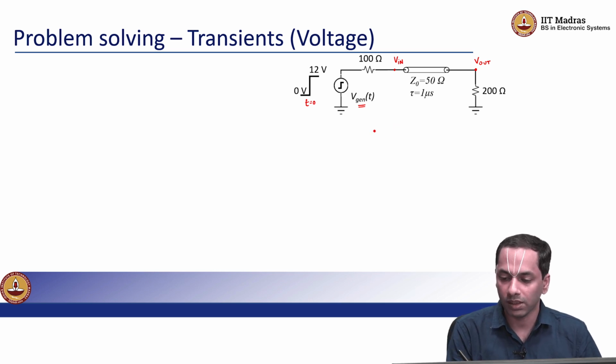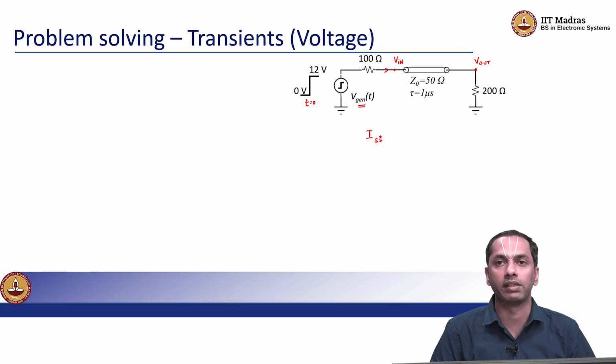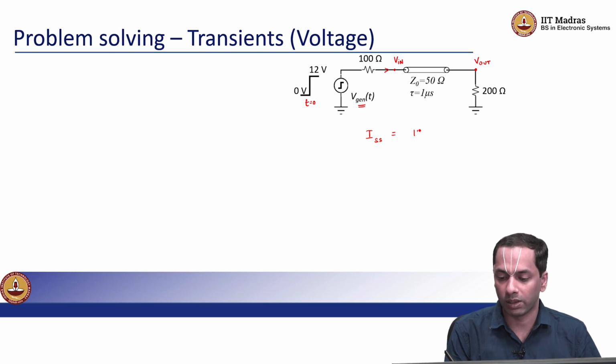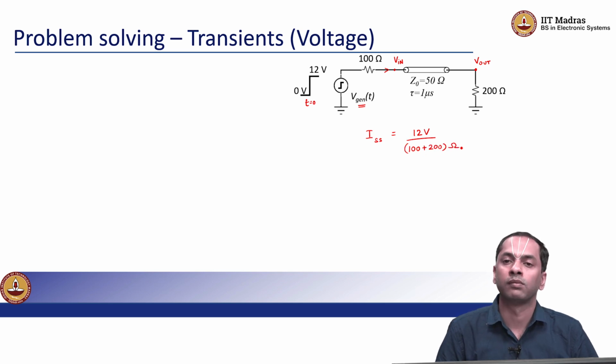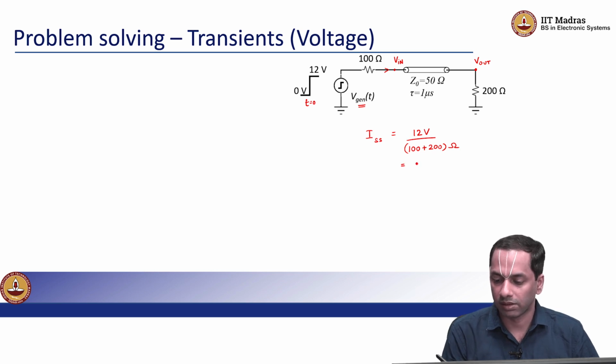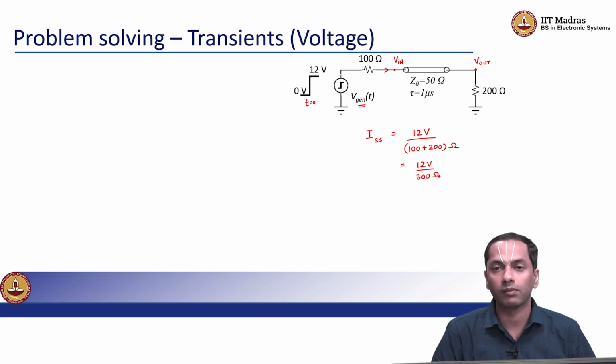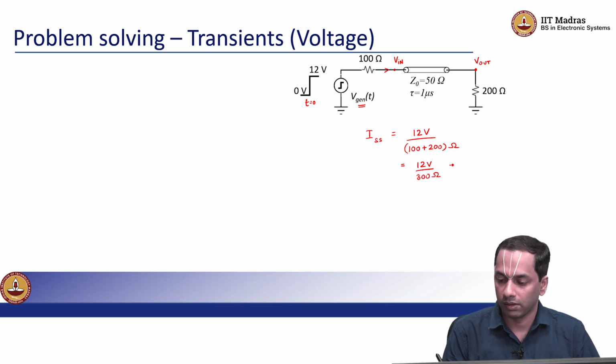You can simply use a resistive divider rule. You can say that the current flowing at steady state, so I am going to call it ISS, SS standing for steady state, is simply 12 volts divided by the total resistance, which turns out to be 12 volts by 300 ohms, which is equal to 40 milliamps.